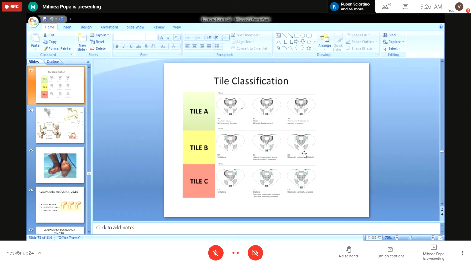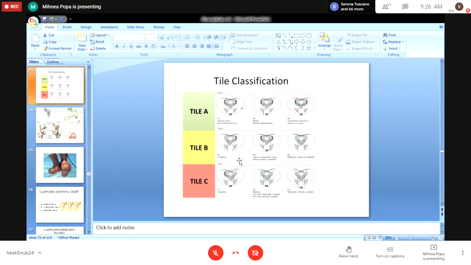So these fractures do not produce instability, they just produce a lot of pain, but not instability. So the patient doesn't need an operation as soon as possible. But it's a different discussion when we speak about B and C.